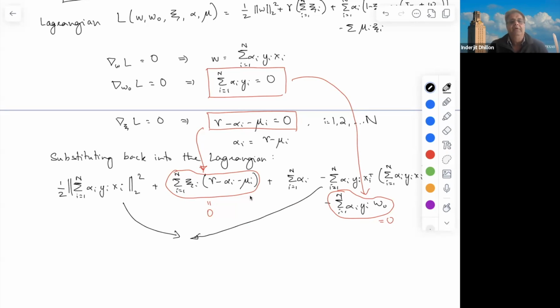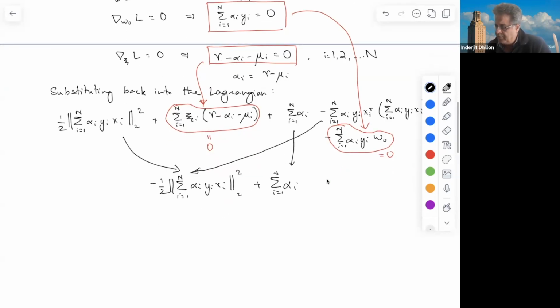This will give plus half of this square, except there is a minus 1 over here. So this will give me minus 1/2 summation of I equals 1 through n alpha I, yi, xi, and I take the norm square. And then this, as before, gives me plus summation of alpha I. So we are putting it all together, right?